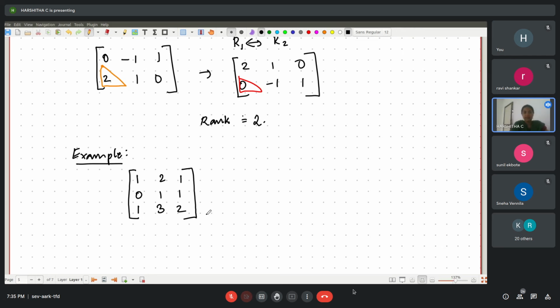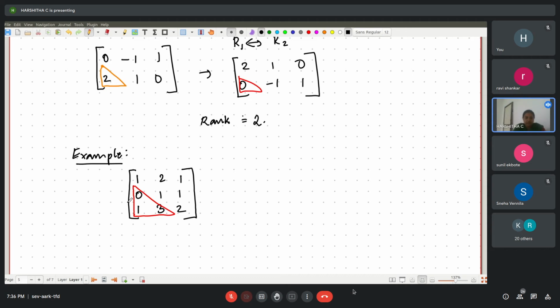So if we look at this example, what is the lower block? This block, right? So our task is to do some row operations to make all of these entries 0. So this second row first column entry is already 0.